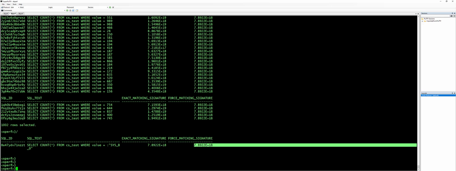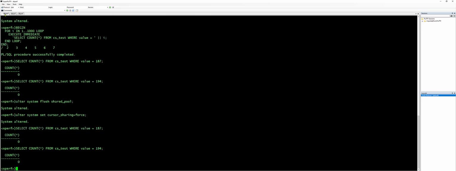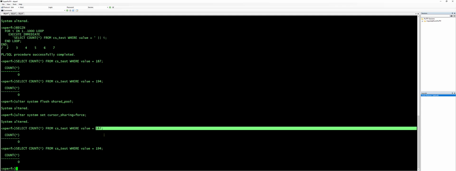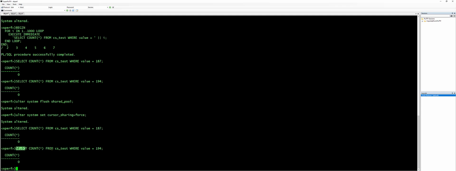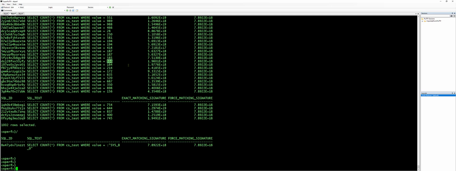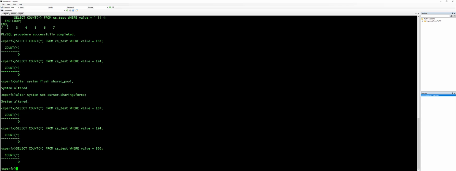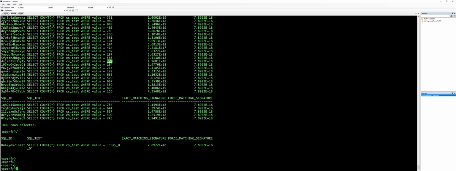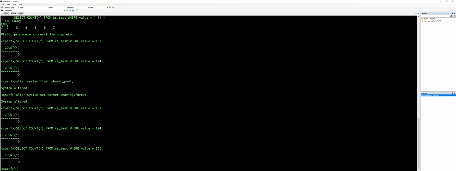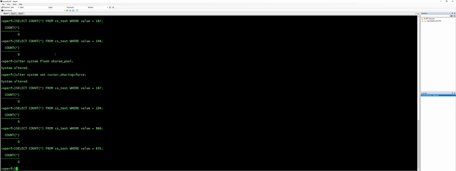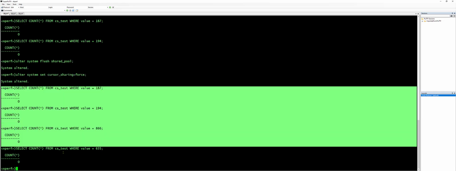Okay, so this is how Oracle internally sees the different SQLs with different literal values. Whatever SQL I execute, every SQL will be taken as the same SQL. Oracle will not see all these SQLs as different.